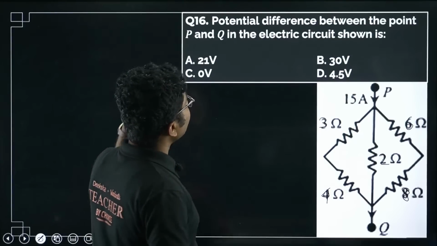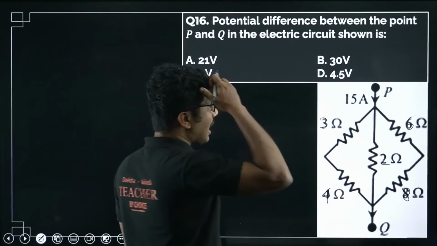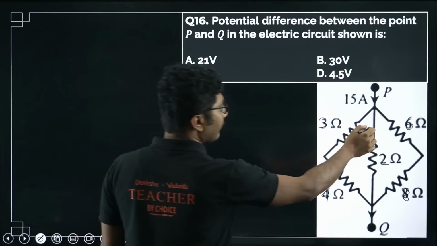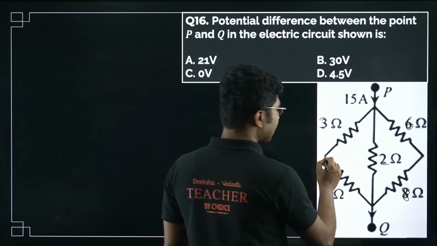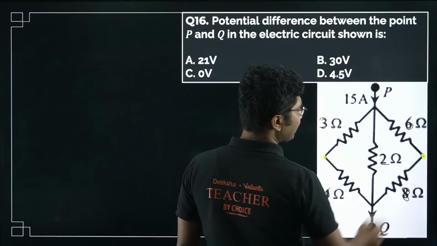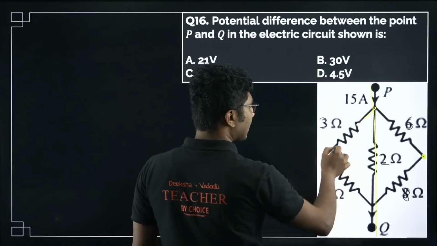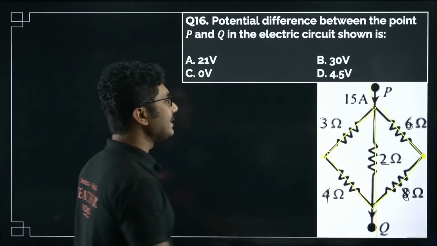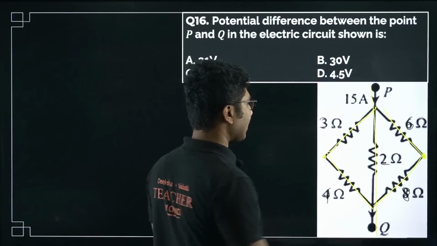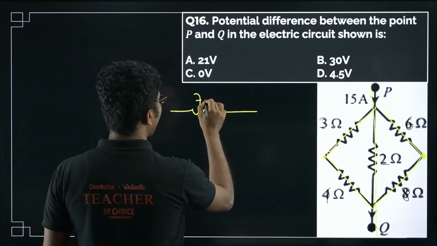So, potential difference between points P and Q in the electric circuit shown. The main problem is that students confuse this with the Wheatstone bridge circuit, because the Wheatstone bridge circuit was from these 2 points, but this is simply an easy problem. These 2 resistances are connected in series, these 2 resistances are connected in series, and the entire combination is in parallel. So 3 plus 4 is 7 ohm.